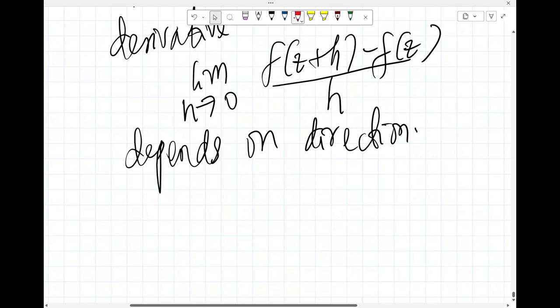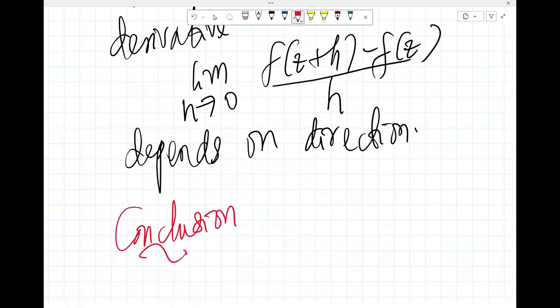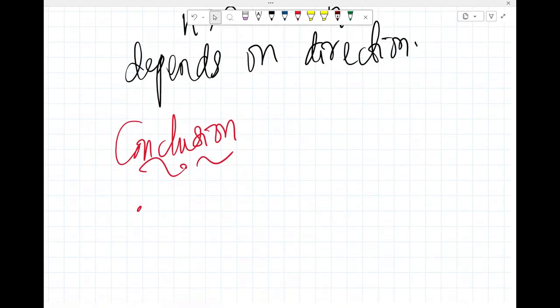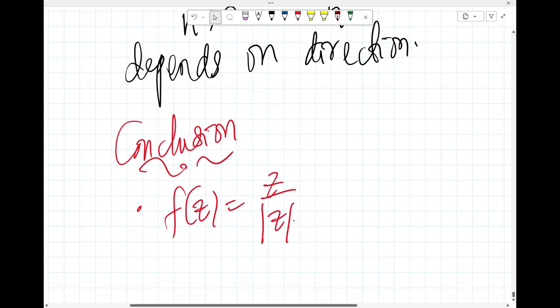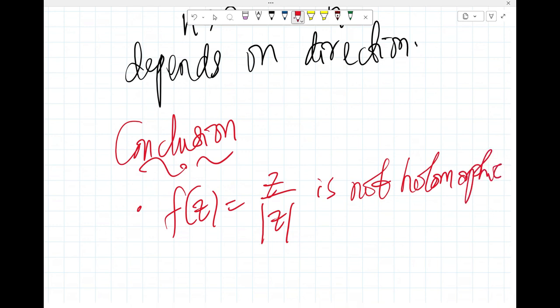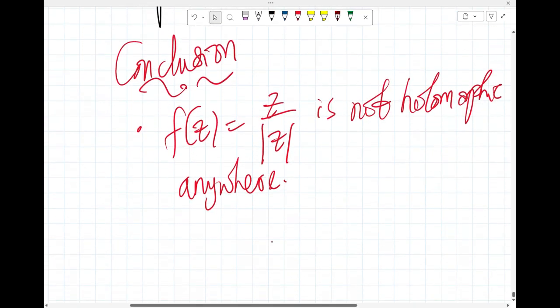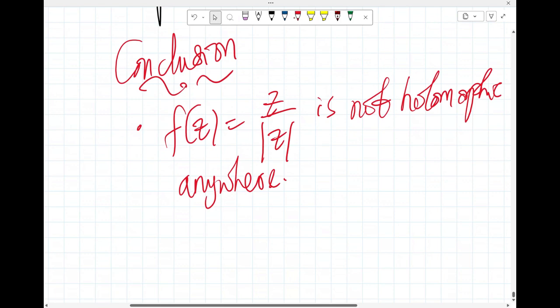So what do we conclude then? Based on that, we conclude that f of z equals z over the absolute value of z is not holomorphic anywhere, because it totally depends on the angle. The other example we did actually is holomorphic at 0, comma 0, but this one is not holomorphic anywhere.